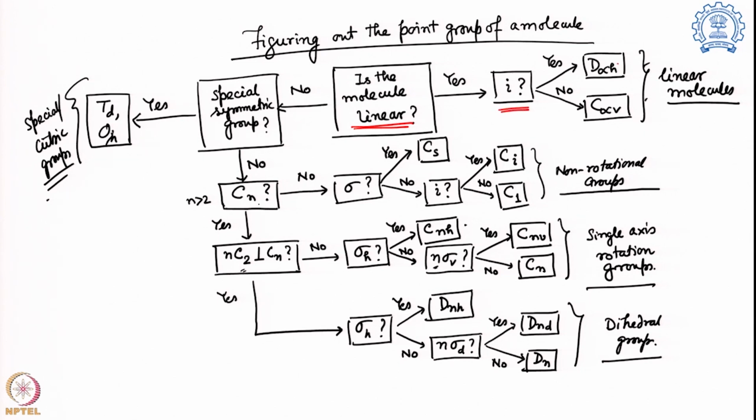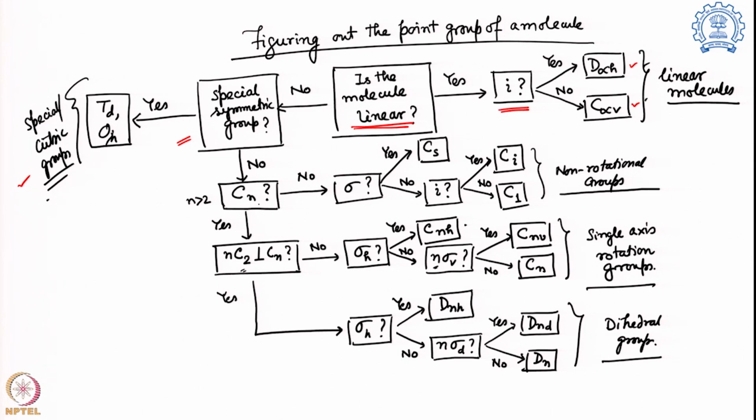If it is, then it will be D infinity H; if it is not, it will be C infinity V. If it is not linear, then the next question is whether it is tetrahedral or octahedral. We can easily find that out by looking at the structure, so you can easily find out whether it belongs to this cubic group or not. Obviously, these are the easier ones, and in real life most molecules are not linear or do not belong to these very highly symmetric cubic groups.